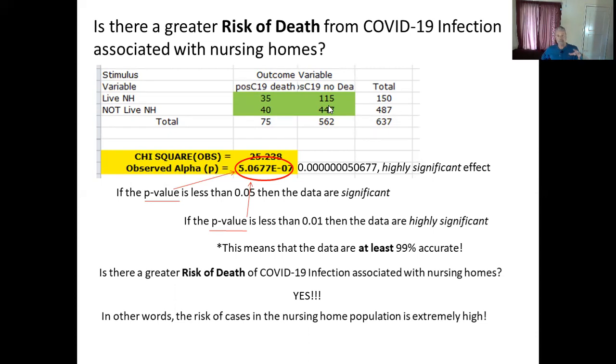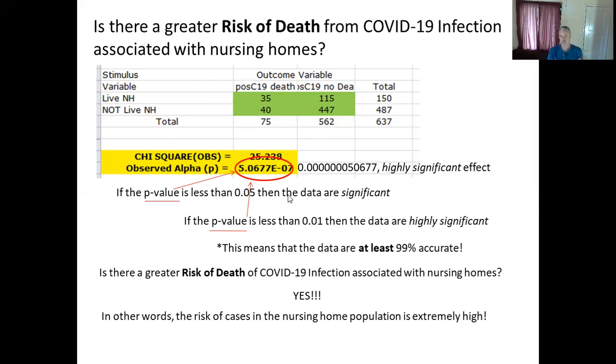When the chi-square statistic is computed, what we look at in science to determine if something is real or not is this observed alpha. It's called a p-value. Okay, so the p-value in science, let's jump down here. In science, if the p-value is less than 0.05, then our data are significant.